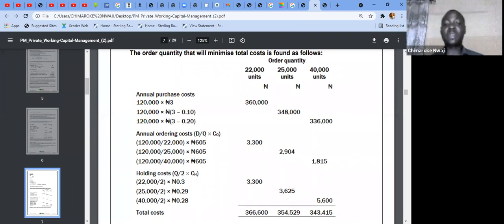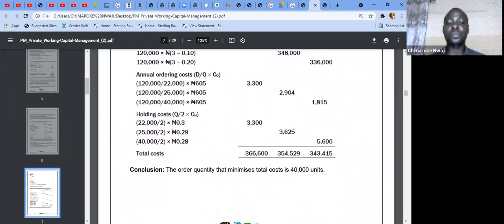But sometimes you may need to think that if you are buying too much, there is a risk of obsolescence because the stock is in your hands, risk of spoilage, deterioration, and risk of theft. You need to consider all of these, even though you see that you are going to get a better bargain in total cost.